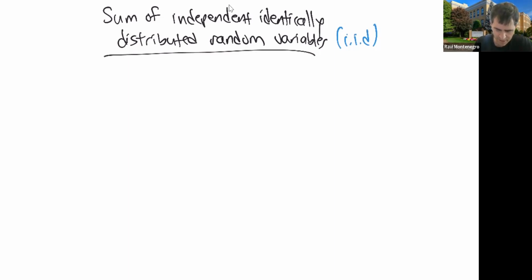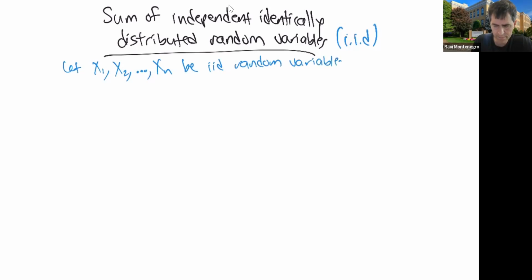So how will I write that out? Let's let x1, x2 to xn be IID random variables, with a certain mean, mu, and standard deviation, sigma.